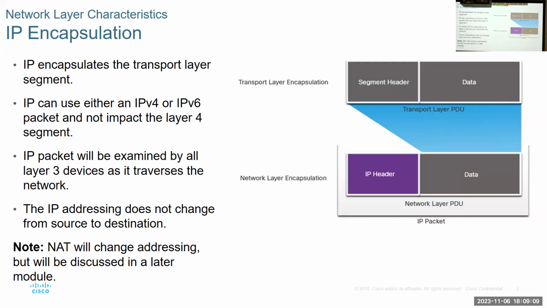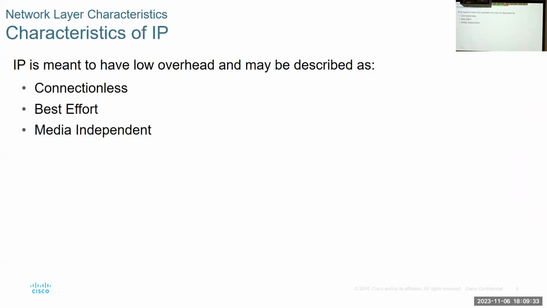You don't have as big a problem with things like broadcasts with IPv6 because there's no such thing as a broadcast with IPv6. So there are a lot of reasons it was developed, but lack of address space was the biggest reason. And we will be talking more about v6 by module 10, maybe it's 11.